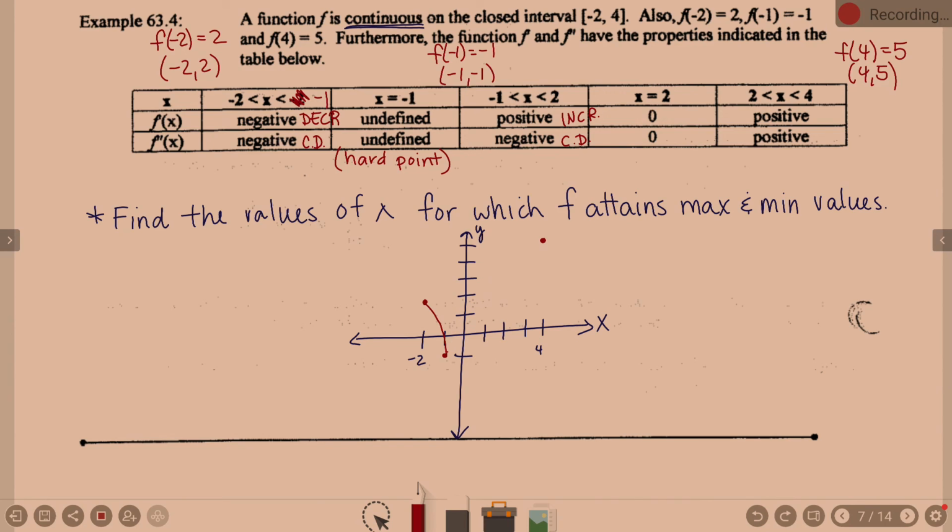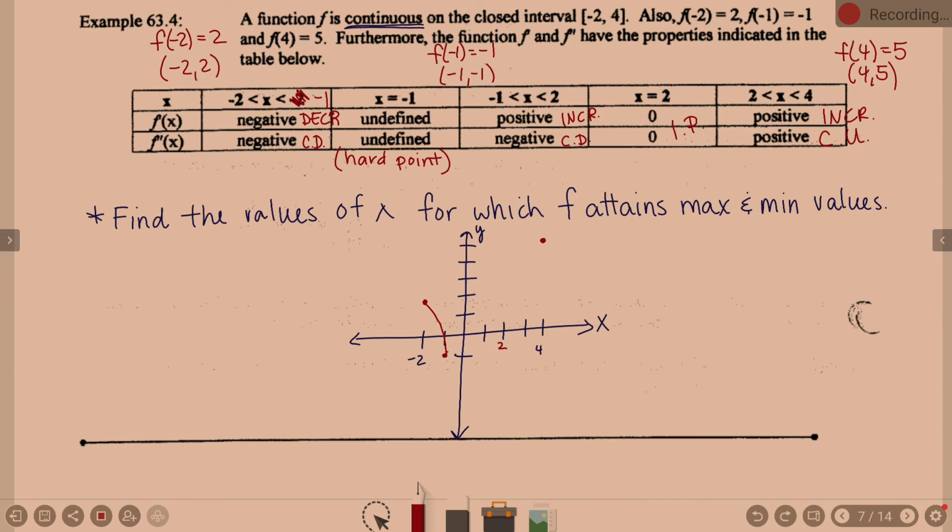Okay. Now, real quick, right here, the 2 is a critical point. The second derivative is also a 0. This ends up being an inflection point. And so what's happening above 2 is my concavity is going to change. Because from 2 to 4, increasing derivative, concave up.